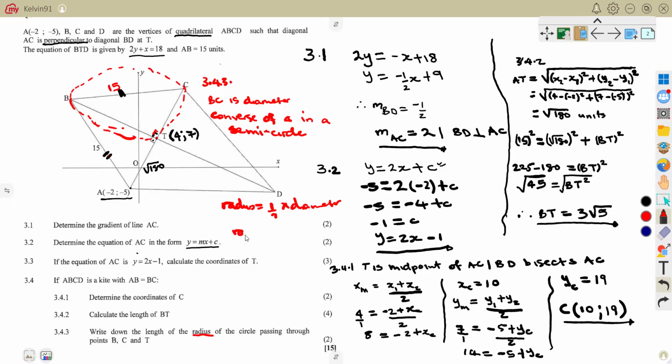Therefore, radius will be equal to 15 divided by 2 units. And please take note for this one, let's not forget to put the units.